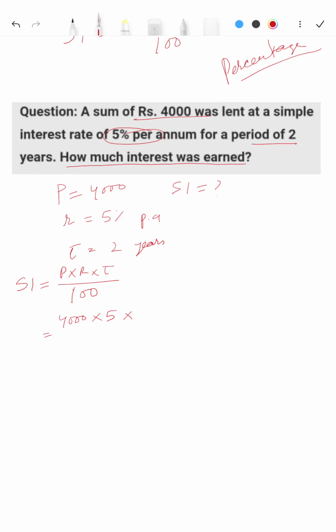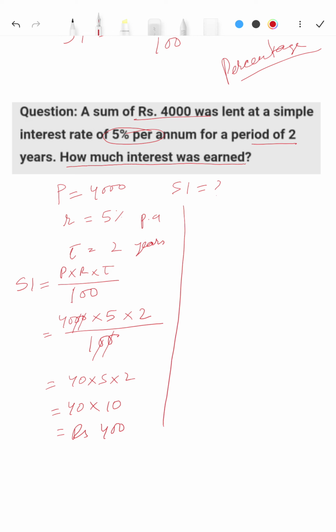Time equals 2 years, divided by 100. Now 2 zeros get cancelled. 40 into 5 into 2, 40 into 10, which equals rupees 400. So this is equal to SI. This we have learned by using the simple interest formula.